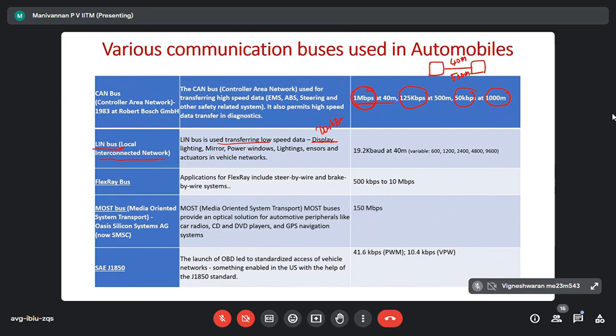Then controlling lights. I told you lights can turn on automatically, and you can change the angle of the beam. Then mirrors, side mirror opening and closing, power windows, backlighting, and inside lights. You can adjust the dimming, all those things.